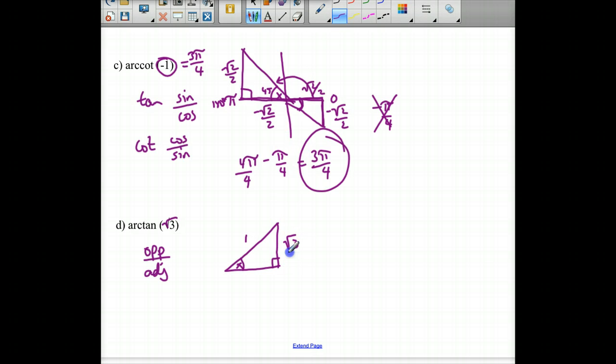That must be square root of 3 over 2 here, and 1/2 here, because square root of 3 over 2 divided by 1/2 is the same as square root of 3 over 2 times the reciprocal, which equals square root of 3. So if that's the square root of 3 over 2, and that's 1/2, opposite over adjacent gives us square root of 3. So we've set up the triangle correctly. And then we know that this is the long side and that's the short side, so that must be 60 degrees. Or if you're doing radians, pi over 3.